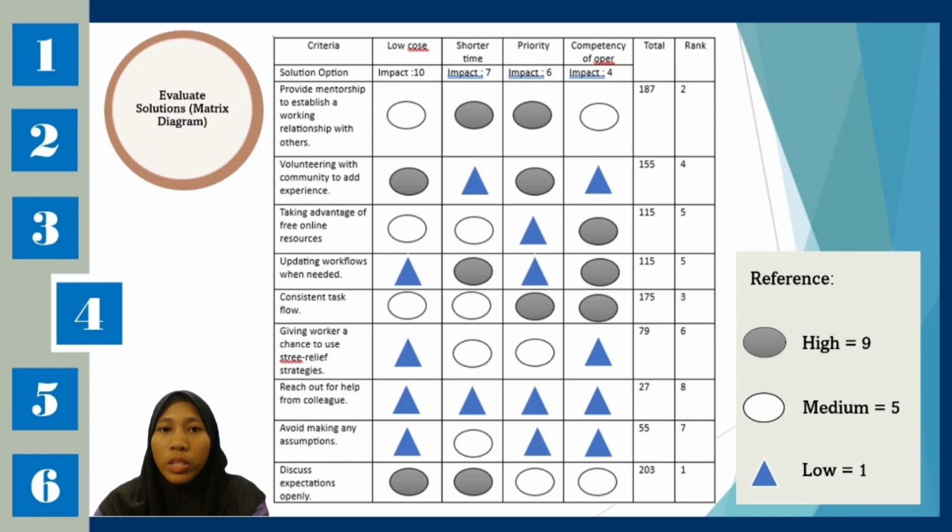For example, open bracket 9 times 10 close bracket plus open bracket 9 times 7 close bracket plus open bracket 5 times 6 close bracket plus open bracket 5 times 4 close bracket equal 203 marks. With this solution, the company can grow in the process of producing product as well as compete with the advanced company in the market.